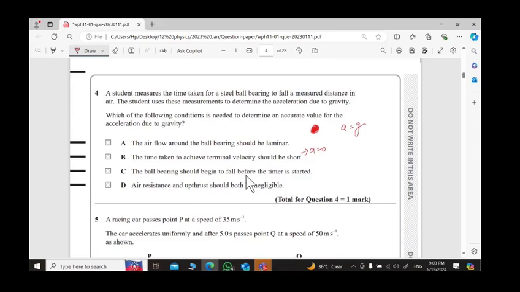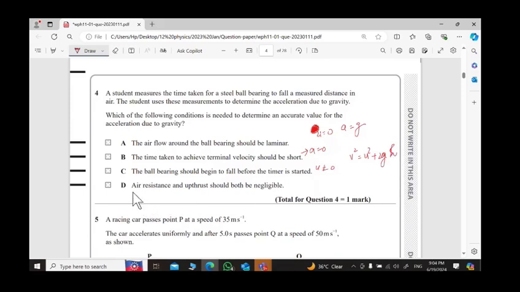The ball bearing should begin to fall before the timer is started. If the ball bearing is just dropped and after that we start the timer, then u is not equal to 0. In this case we will take the initial speed equal to 0. But in this case the initial speed will not be equal to 0. And when the initial speed is not equal to 0, we cannot apply the equation v squared equals u squared plus 2gh.